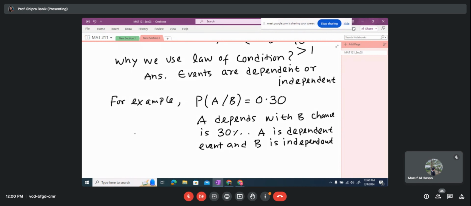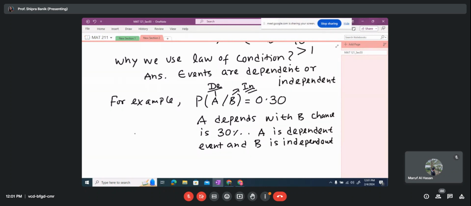Because we are calculating the number of A from the part of B, but we are not calculating the number of B from the number of A. So here are two kinds of events: this is the dependent event, and this is the independent event.